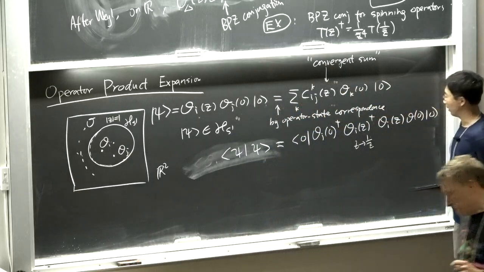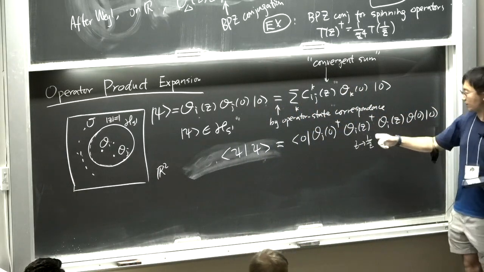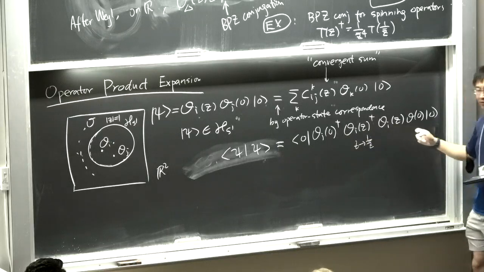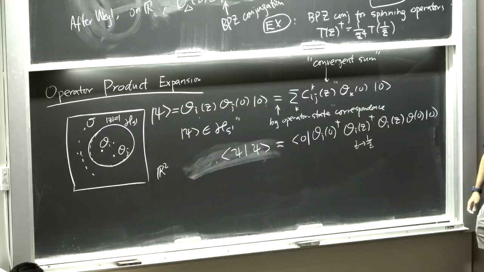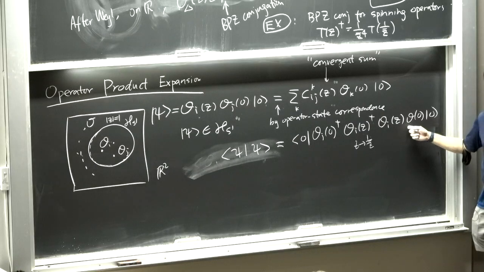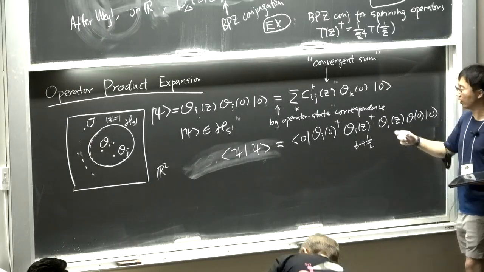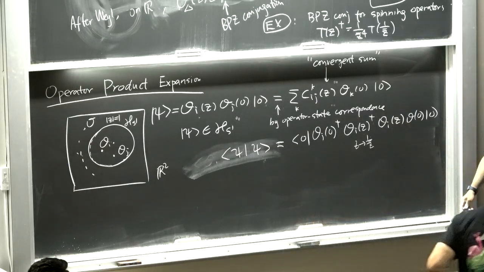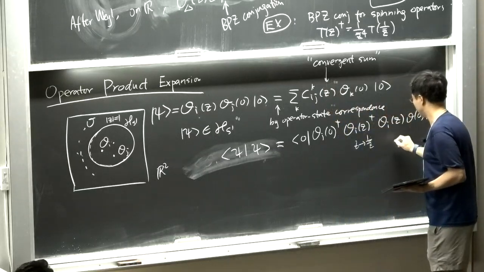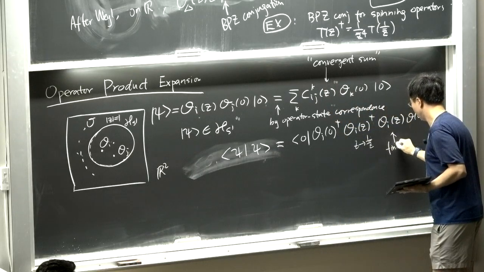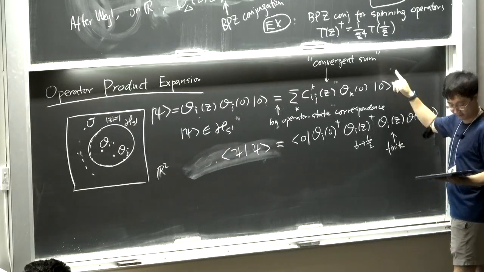By that choice, z is sent to 1 over z bar, and all the operator insertions in these correlation functions are away from one another. That's the reason there's no singularity in this correlation function. The singularity will come in when some operators collide, but all the insertions will be away from one another. And this will be finite, and thus the OPE is convergent.